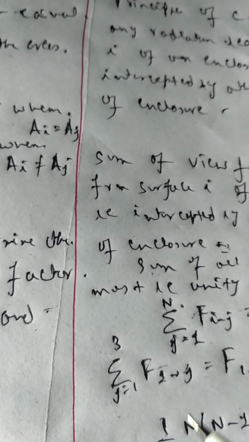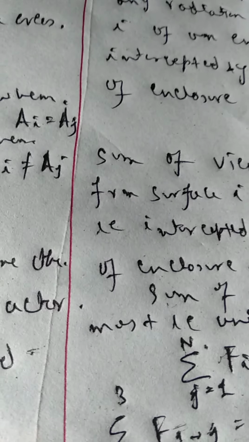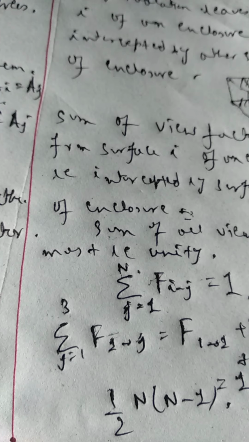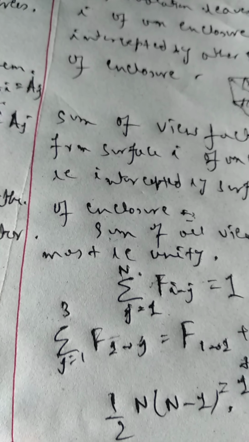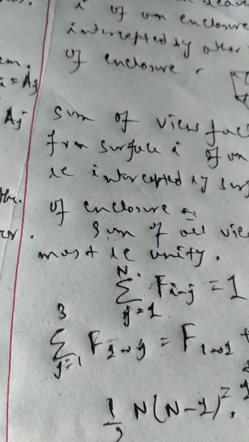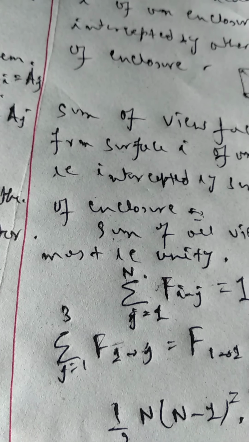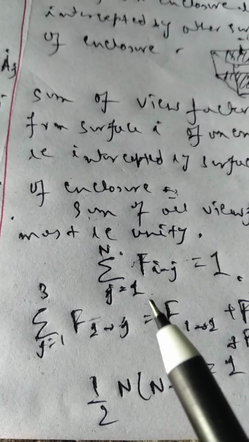This number of relations are needed for finding all the view factors. So these are the number of view factors that need to be determined directly, and the other view factors can be determined by these summation relations and the reciprocity relations.